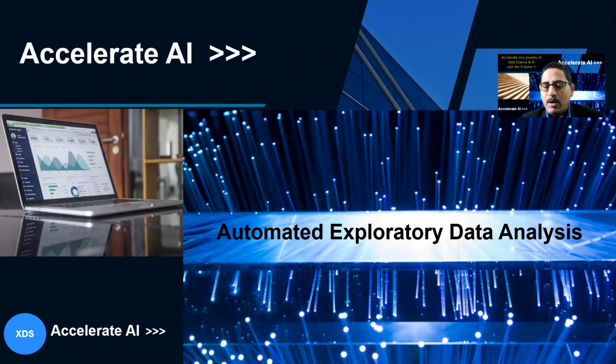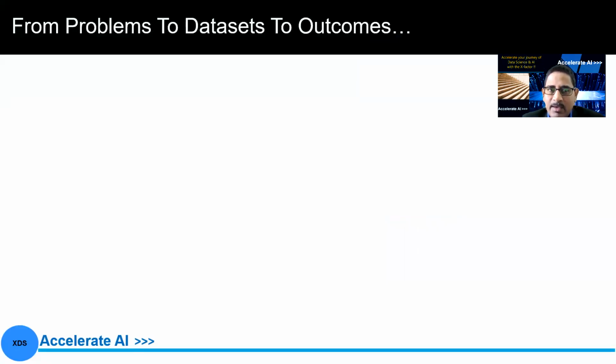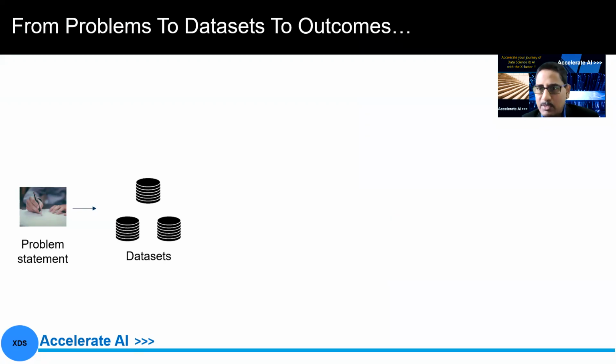But just to set the context, let's keep going on the exploratory data analysis from this perspective. As you know, it's important to start from a structured way of analysis, starting from your problems. You have a business problem that you need to solve with the help of data science. You have some data sets with you.